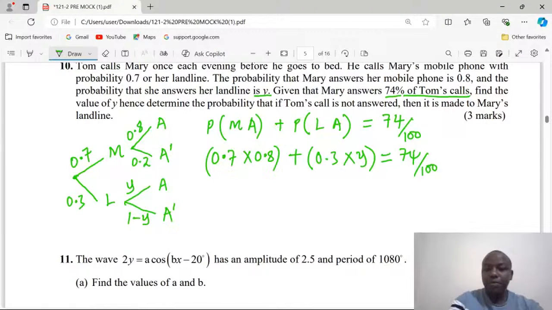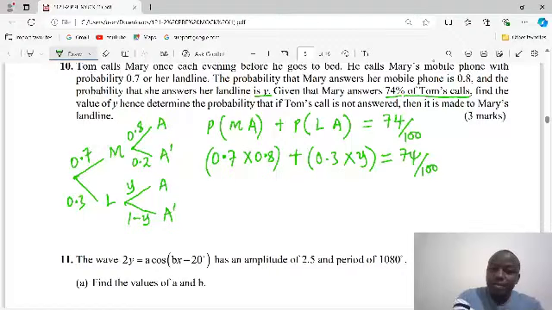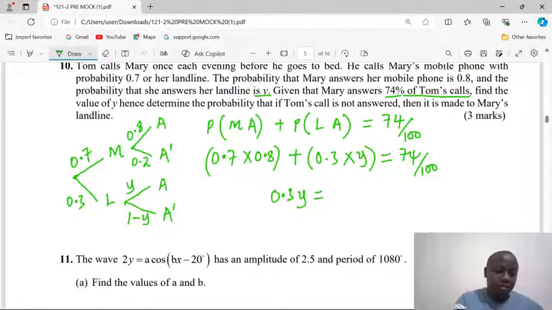And so we can now get, let's first of all remain with 0.3Y being equal to 0.74. We subtract 0.7 multiplied by 0.8, and this will give us 0.18, which means we can remain with Y by dividing through by 0.3, and this will exactly give us 0.6.